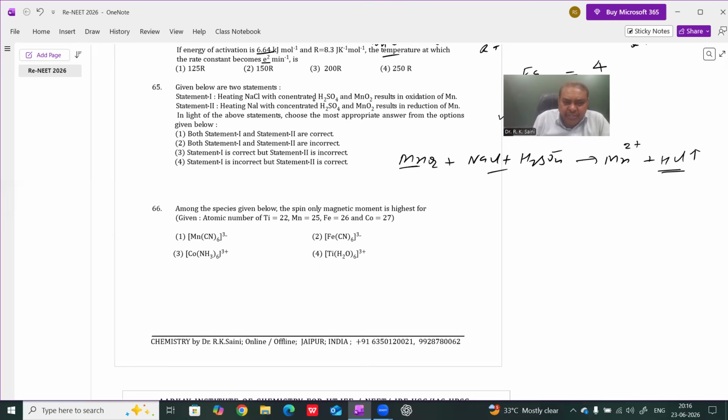In case first, therefore, the statement is incorrect because there is no oxidation but reduction of manganese.